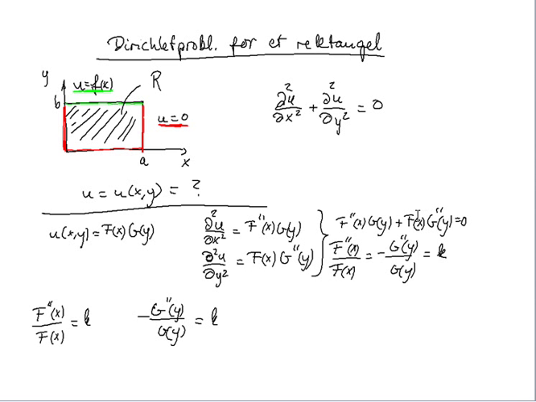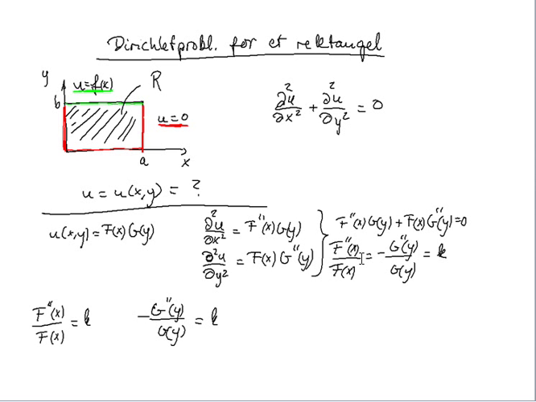Dividing with the product of f and g, we obtain, as we did earlier for the wave equation, that f double prime of x over f is equal to minus g double prime of y over g of y.